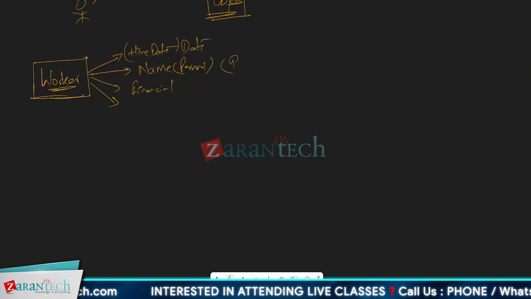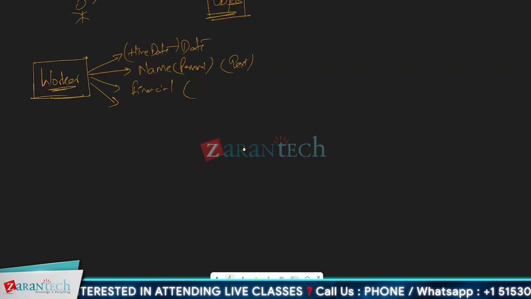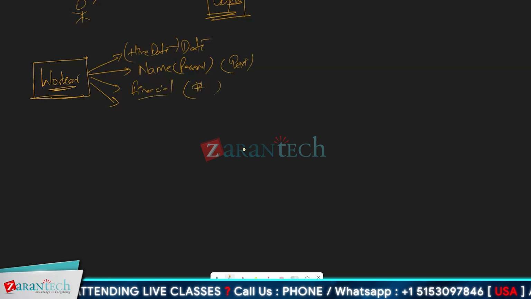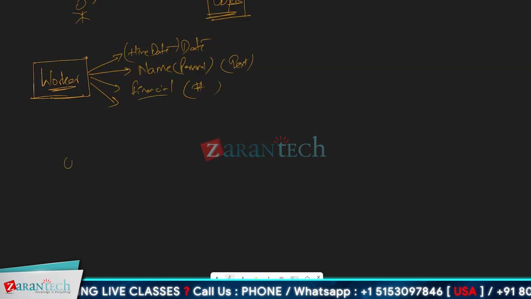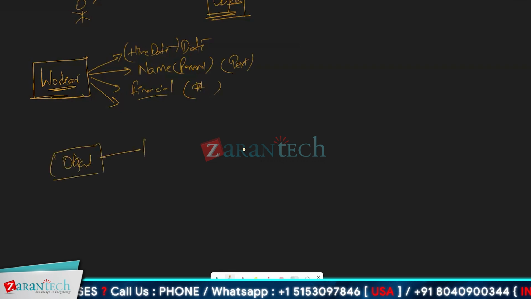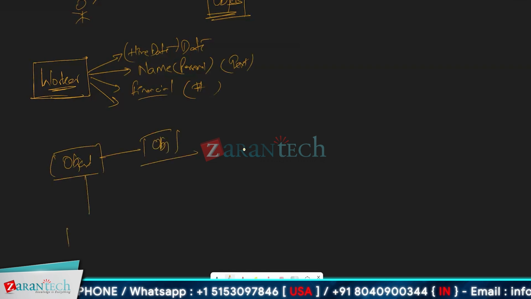This is a text type object. There will be financials, which are number type objects. Everything in Workday is some type of object, and there are objects that are related to each other. So there are related objects.